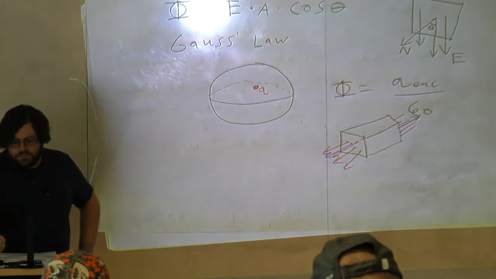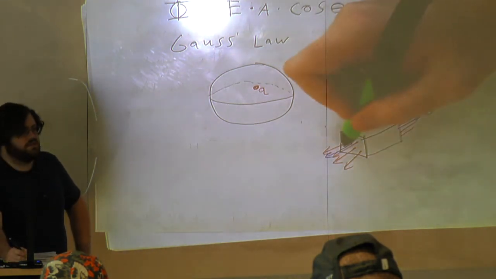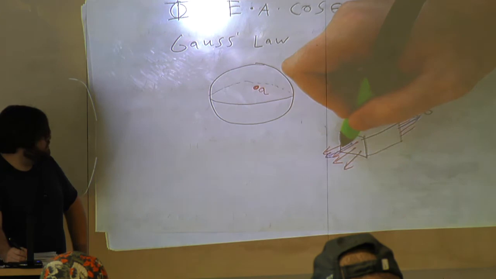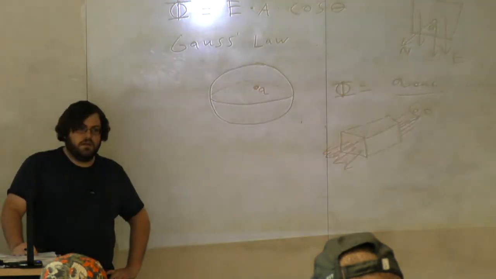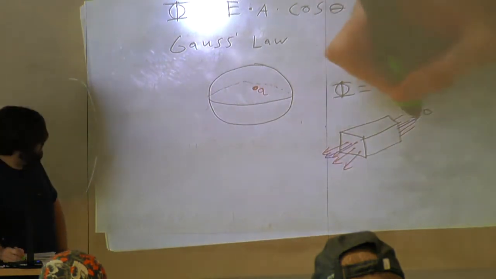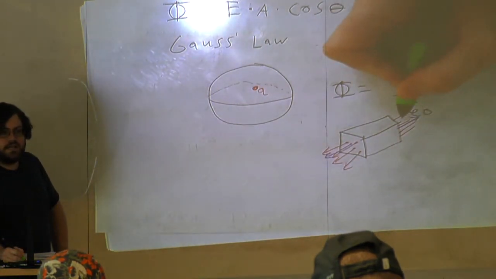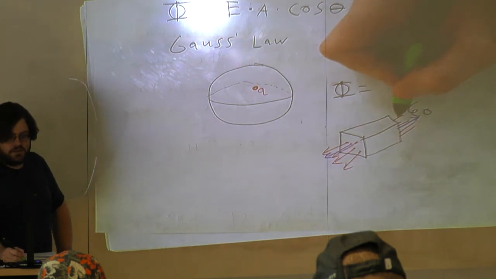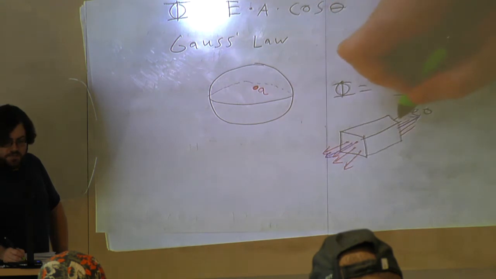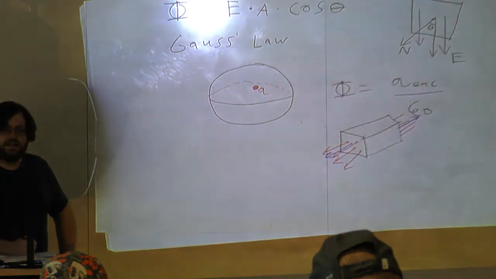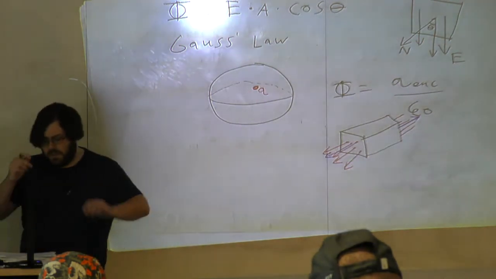So here, theta is 0, and cosine of 0 is 1. But here, theta is 180, and cosine of 180 is negative 1. So whatever the flux is here, it's the same but opposite from the flux here, negative and positive, and they're going to cancel out. Okay?